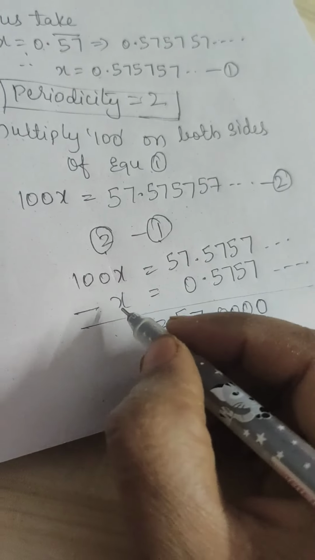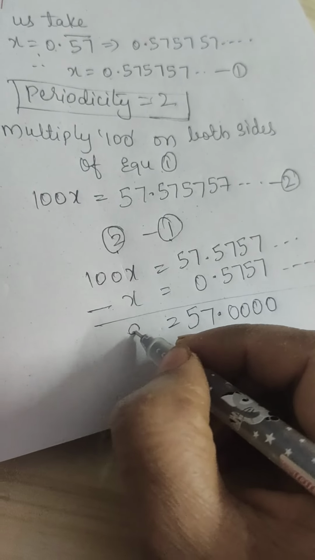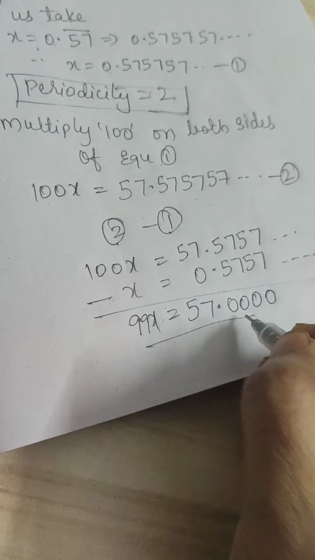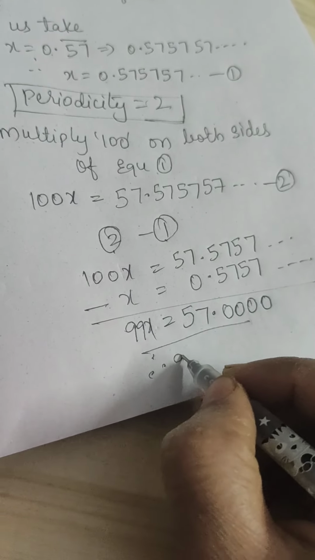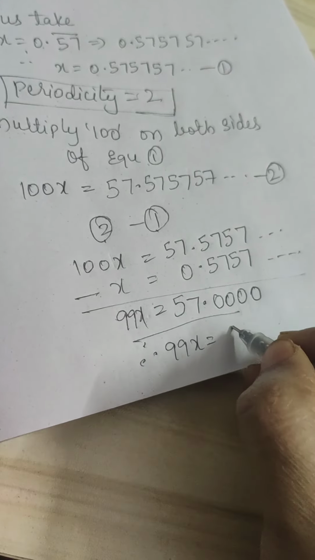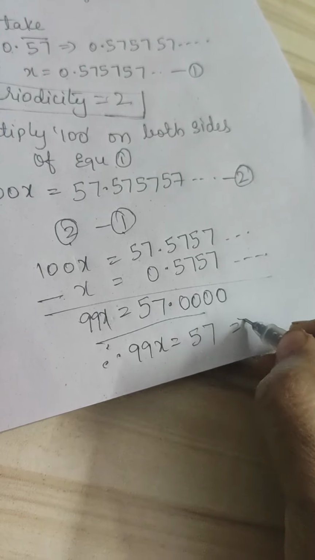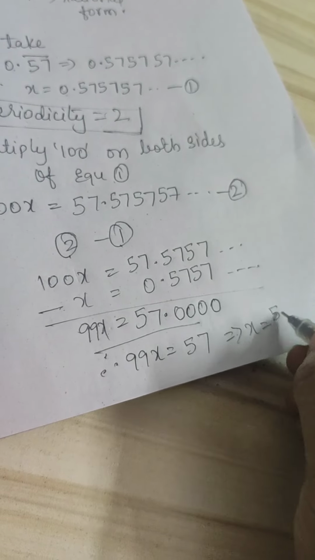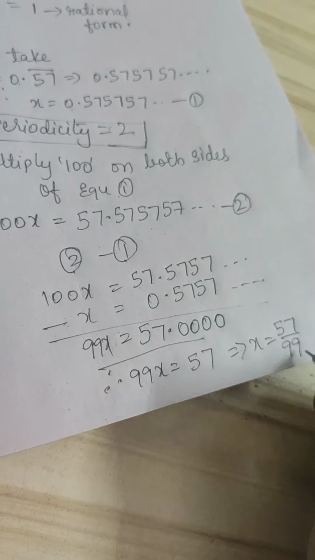Now 100 minus 1 becomes 99x. Therefore 99x is equal to 57. This implies x is equal to 57 by 99.